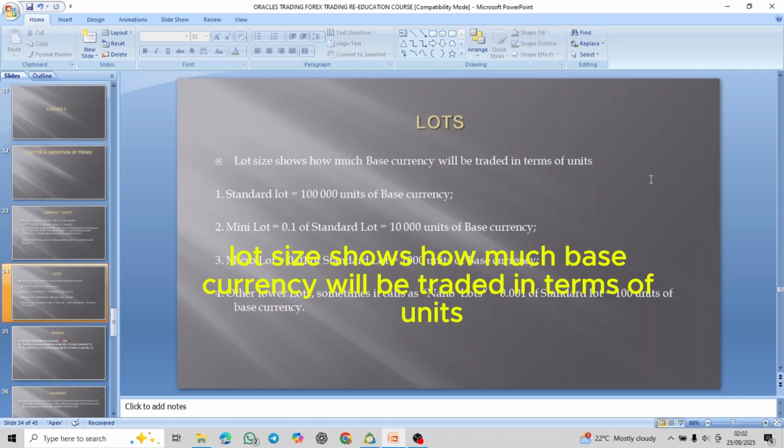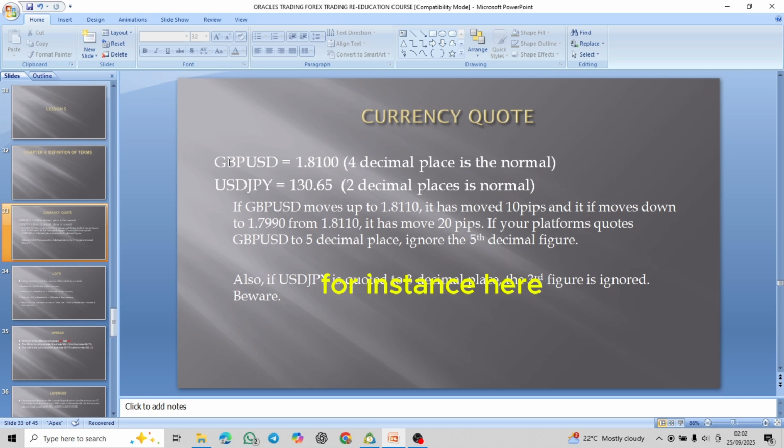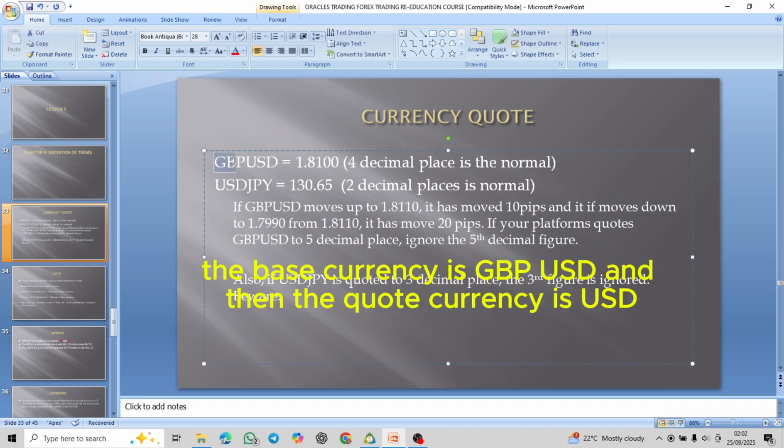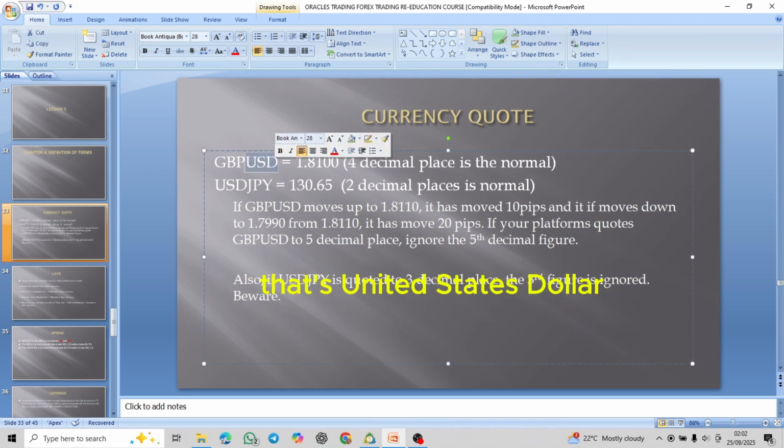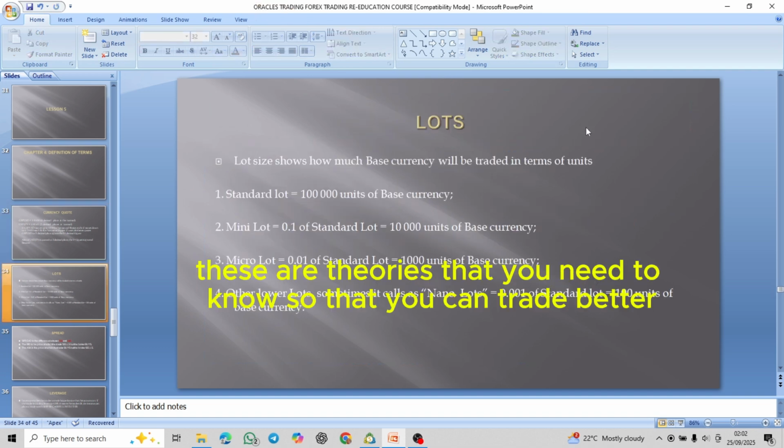Lot size shows how much base currency will be traded in terms of units. The base currency is the first currency in the currency code. For instance, here the base currency is GBP, and then the quote currency is USD, that's United States dollar. So these are theories that you need to know so that you can trade better.